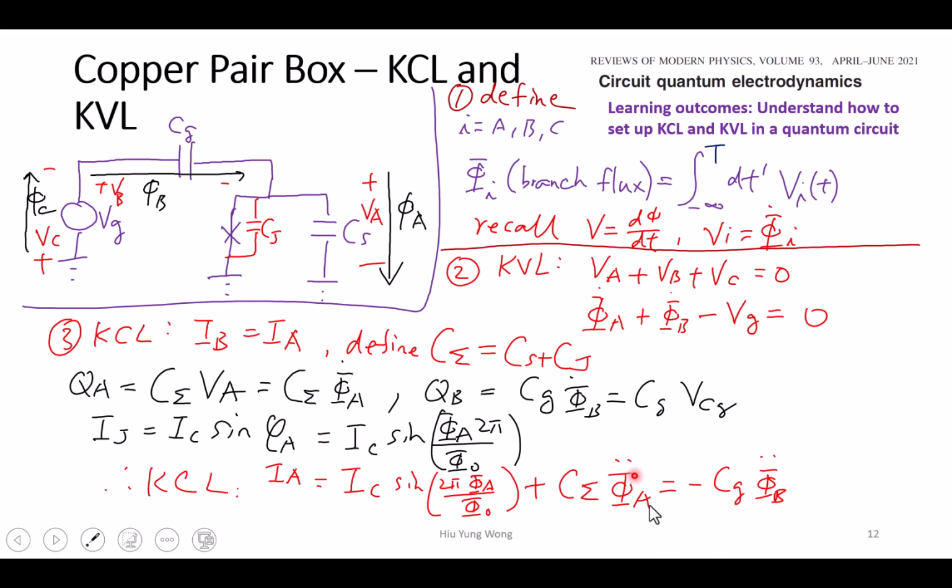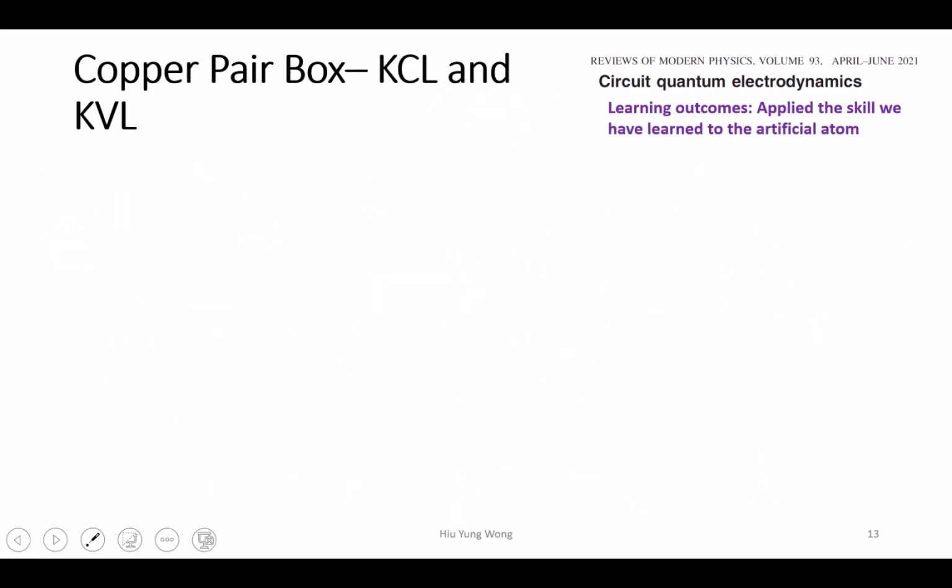So I come up with an equation which relates the generalized coordinates of each of these branches together. Here I have the second derivative, and here I also relate it to the gate voltage. Then my goal is to eliminate phi B.